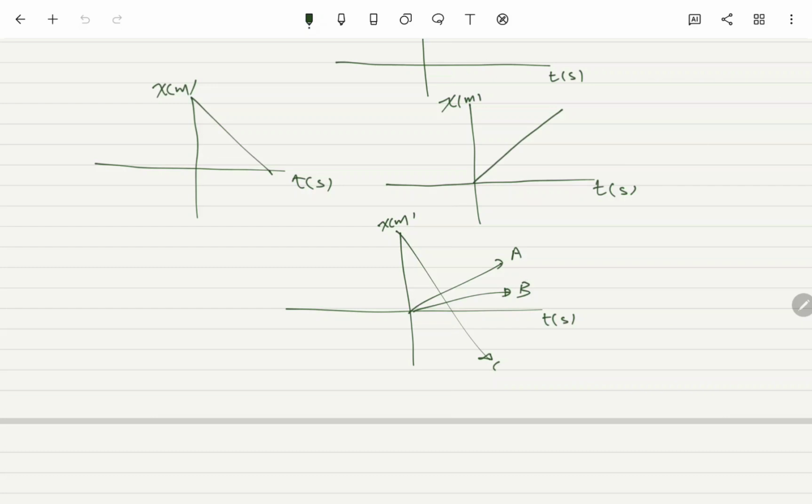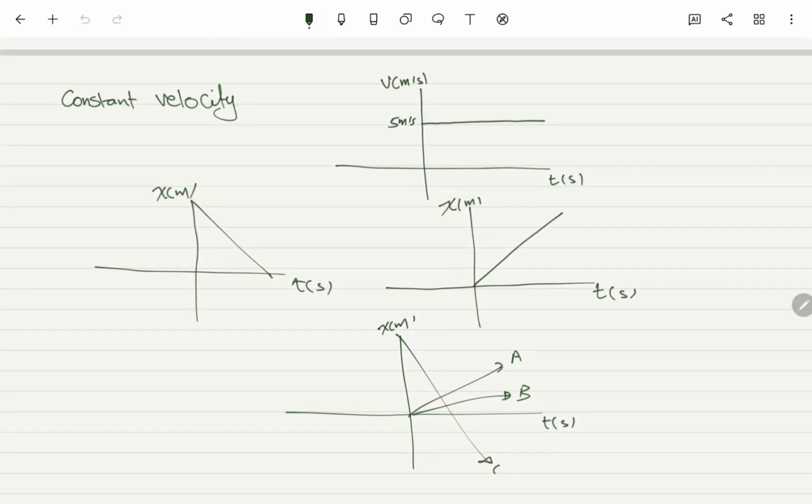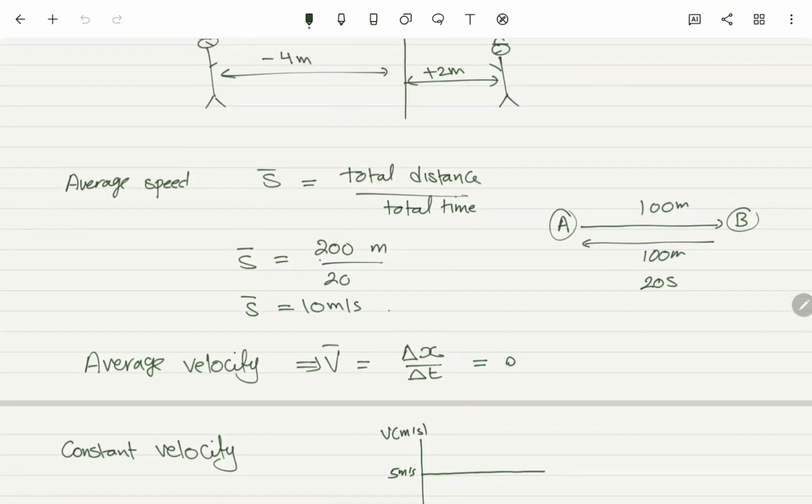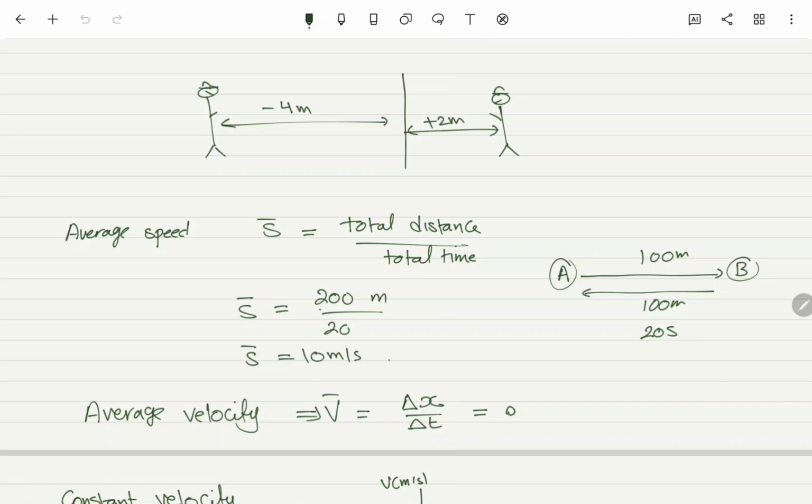Now, let's go back to average velocity and average speed. For an average speed of 10 meters per second, we don't know exactly in what part of the whole trip.